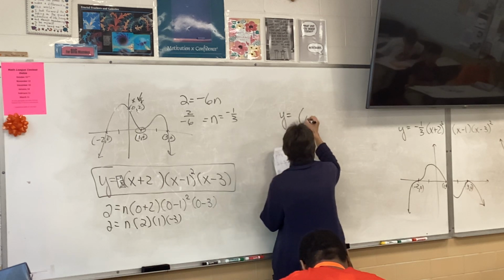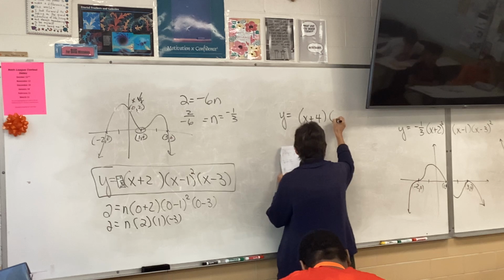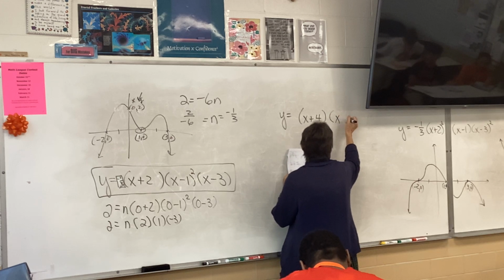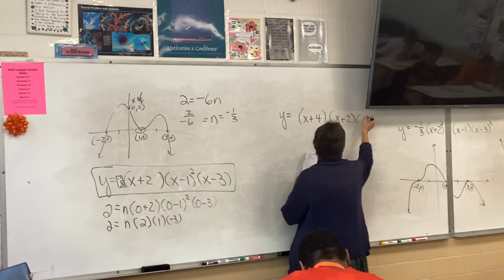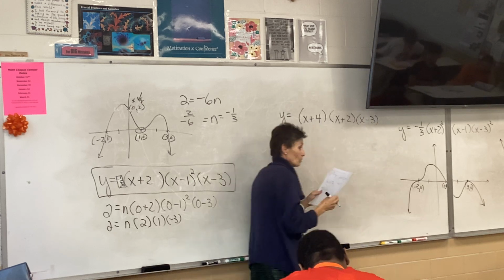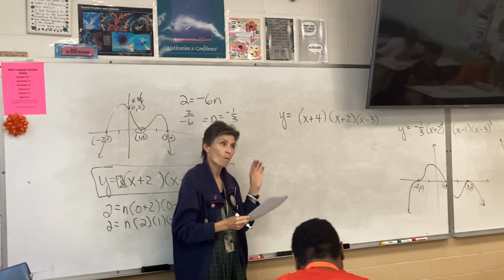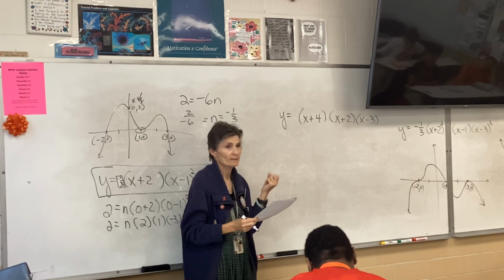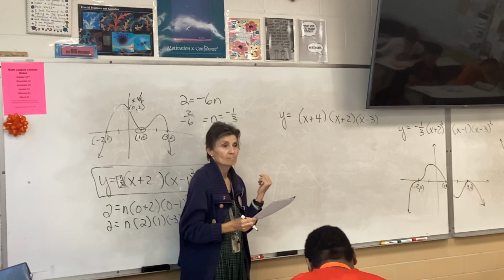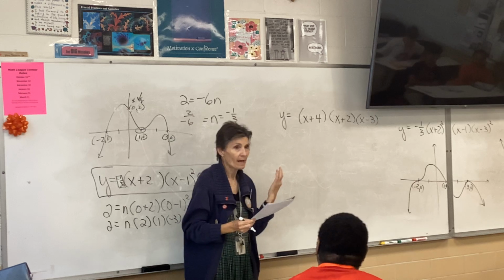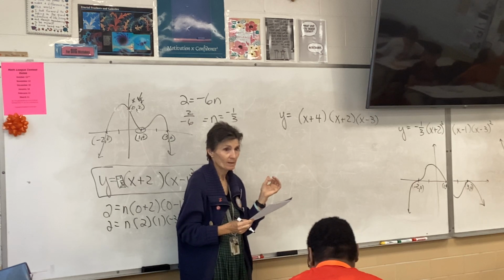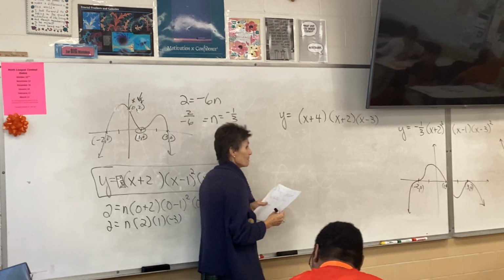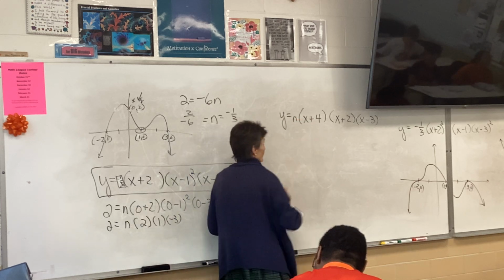Thank you. x plus 2, and it's... Looking at the picture, is there any squaring in this one? Will any of those parentheses be squared? No, because what do I not have? Bounce. No bounce, no squares. Okay? So the only thing missing is, I don't know what that number is.